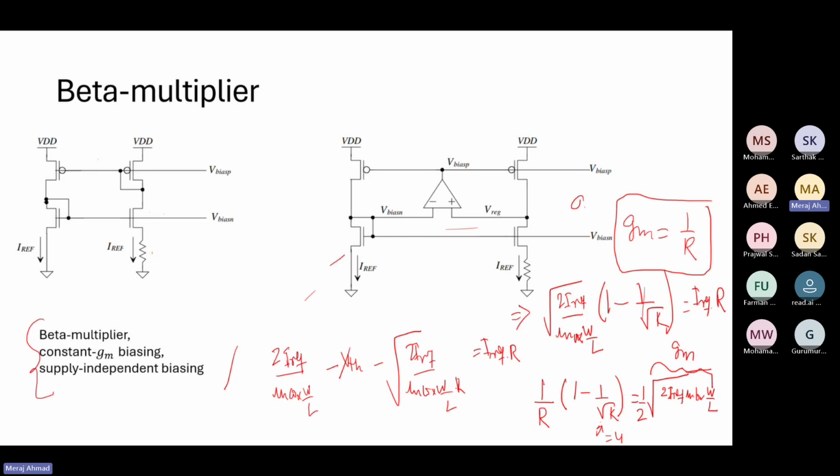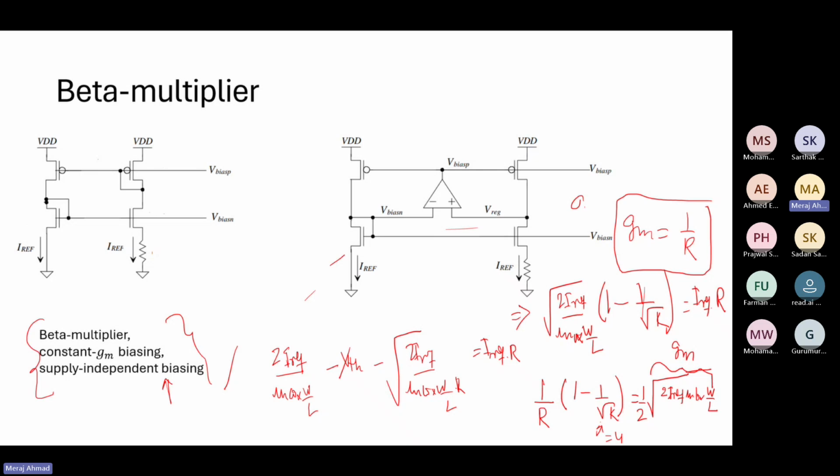These all three names you will find in one or another book. Like Razavi also mentions supply independent biasing in his book. In Baker's book you will have all these terms mentioned.